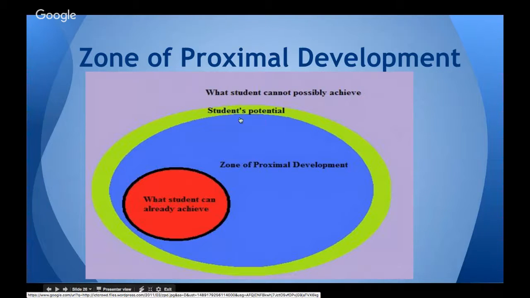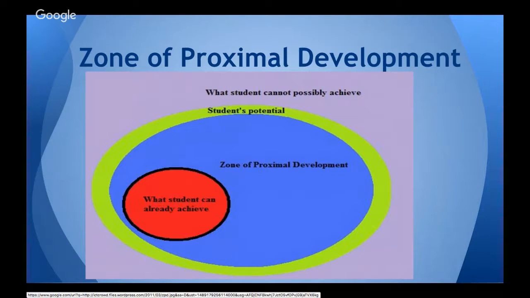What this really means is if this child had scaffolding that went to the right side of this green, that's what the child could accomplish. That's how much more the child could accomplish than what he could do on his own. And as students get this adult scaffolding, that's how they grow the easiest. So this zone of proximal development is where kids can maximize their growth.